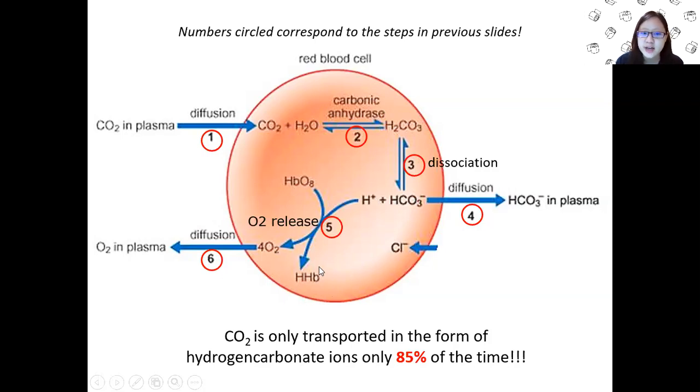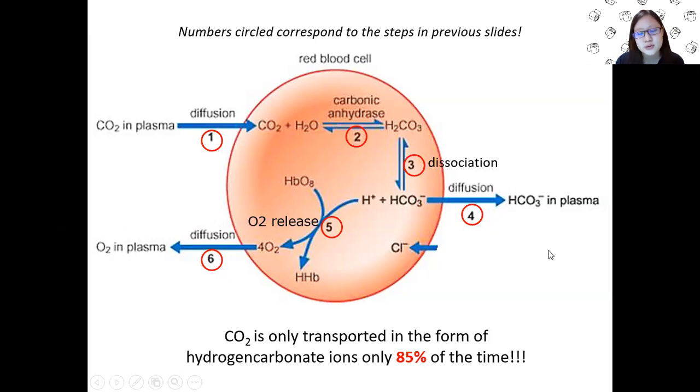With the formation of HHB, you realize that this answers our question. The high partial pressure of carbon dioxide decreases the affinity of hemoglobin to oxygen by the formation of HHB itself. As a result, oxygen is released and goes into blood plasma and gets supplied to those respiratory tissues.